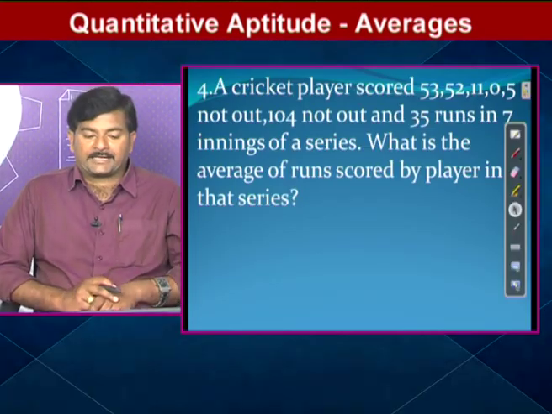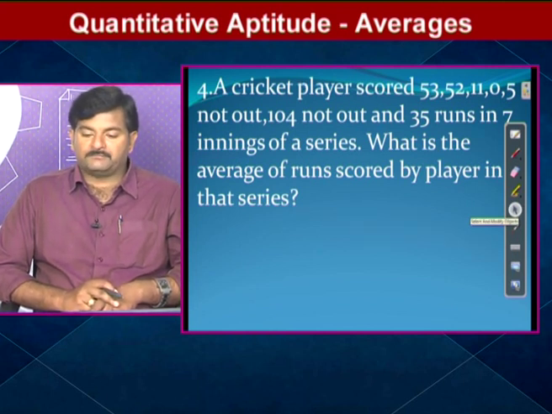Question 4. A cricket player scored 53, 52, 11, 0, 5 not out, 104 not out and 35 runs in 7 innings of a series. What is the average runs scored by the player in that series? Just now I told you regarding this concept. See, he played a total of 7 innings.